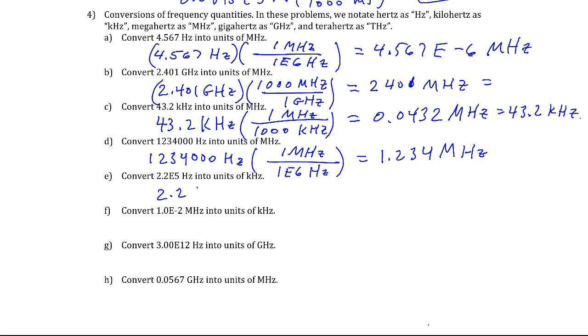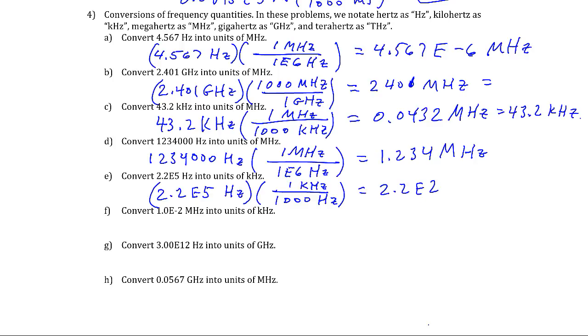2.2 times 10 to the 5th hertz. And I want to convert this to kilohertz, so I'm going to say that 1,000 hertz is 1 kilohertz. And so I take the 2.2 times 10 to the 5th and divide by 1,000. That's like subtracting 3 off the exponent, and I have 2.2 times 10 to the 2 kilohertz.